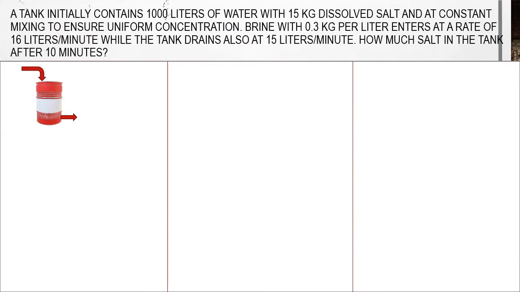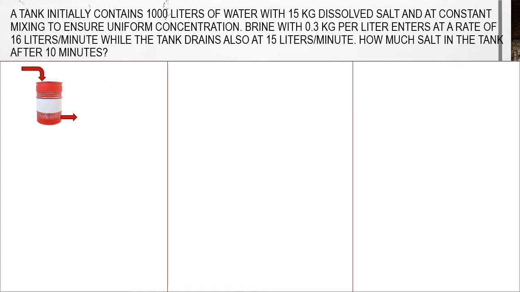So we have the problem. A tank initially contains 1,000 liters of water with 15 kilograms of salt dissolved in it, and at a constant mixing to ensure the uniform concentration. However, unlike the earlier problem that was presented, and if you want to see the earlier problem, I have put the link in the description below.